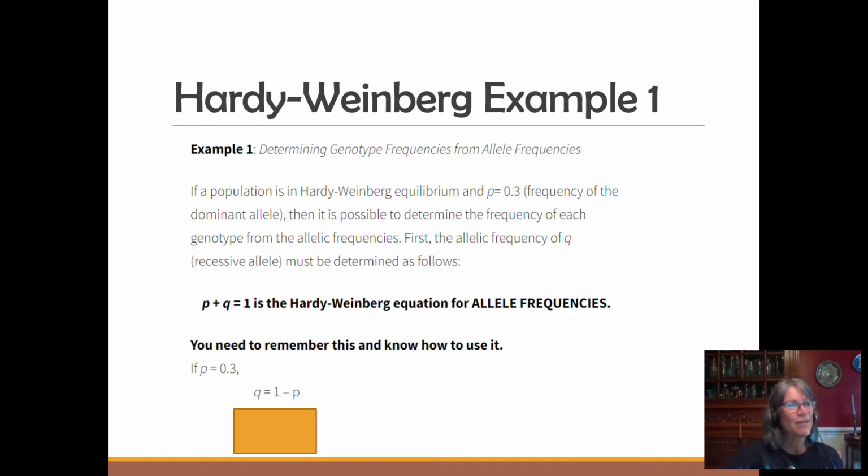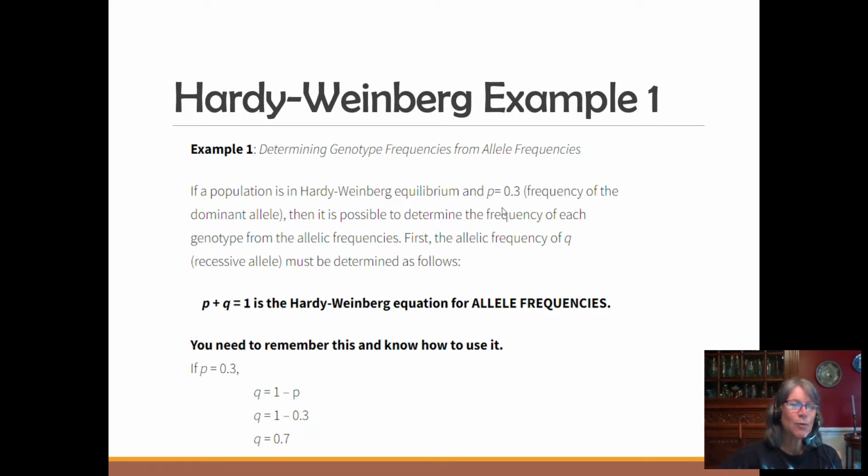And I can also figure out my genotype frequencies. We know p plus q is 1. Those are my allele frequencies. So if p equals 0.3, then q has to be 1 minus p, and my q is 0.7.